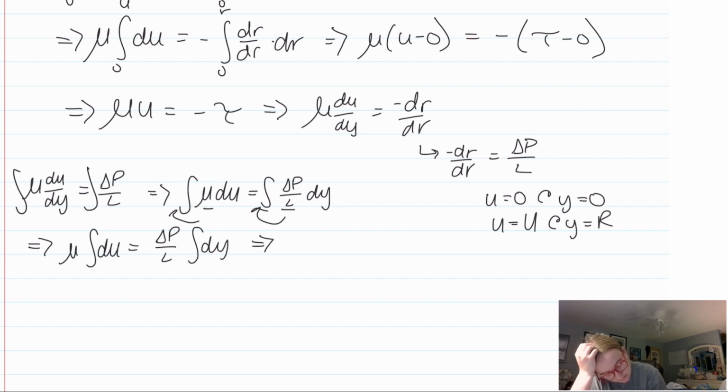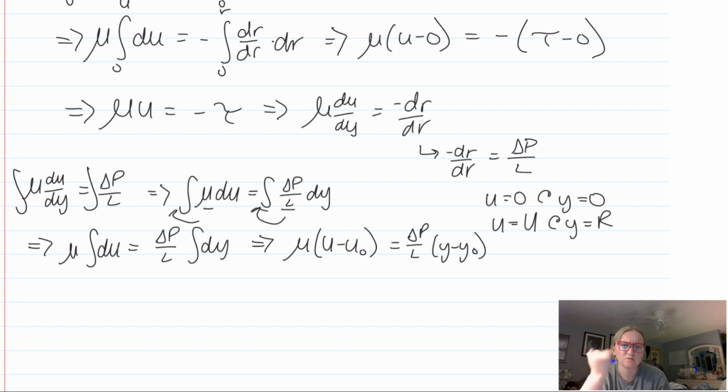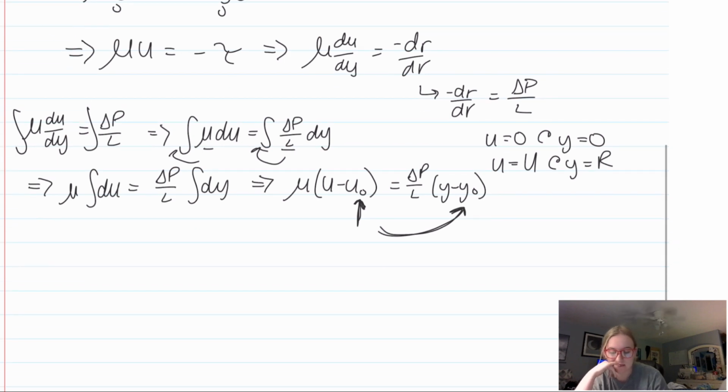And then solving that out further, you get mu times u minus u naught is equivalent to delta P over L times y minus y naught. I don't know if I said u times u naught, I meant u minus u naught, because u naught is the velocity at some point y naught, which is right, those are there.